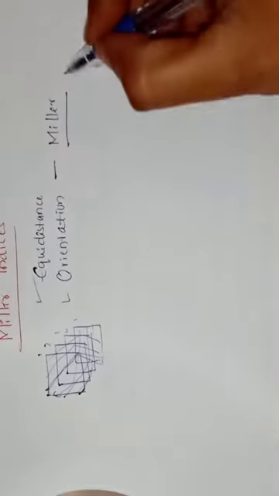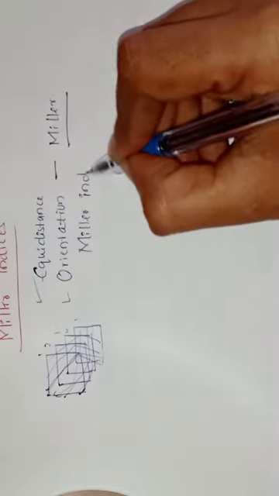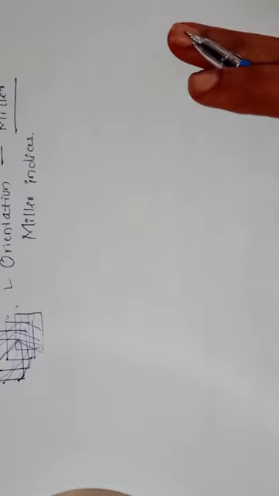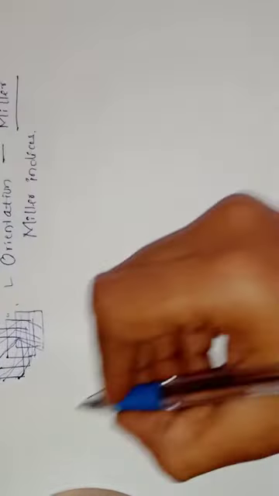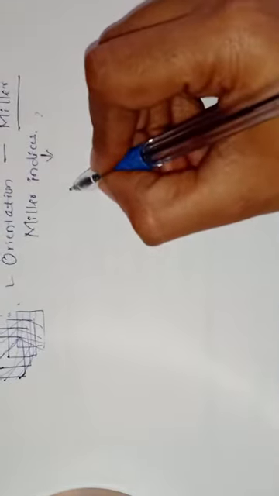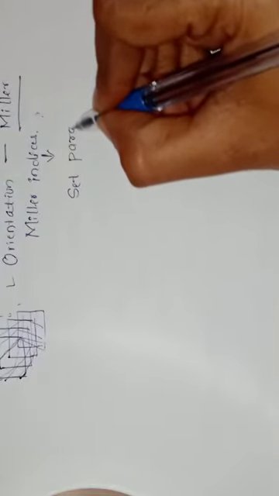So that's why we are calling it Miller indices. Miller indices represents the set of parallel planes.